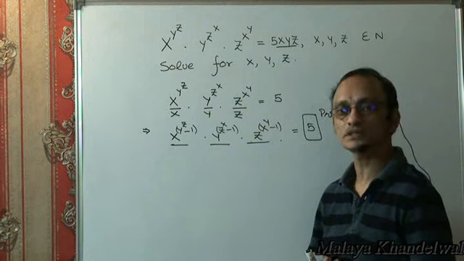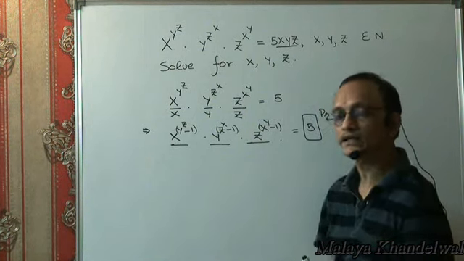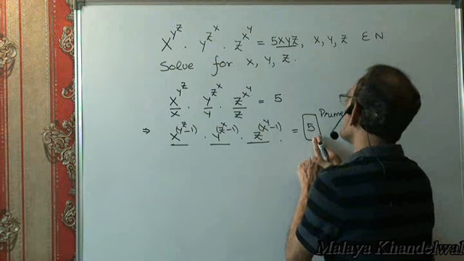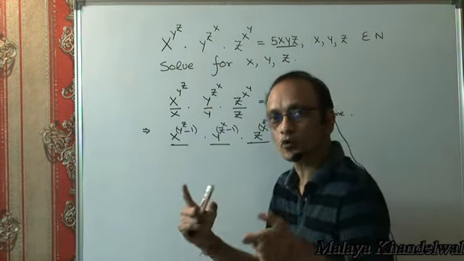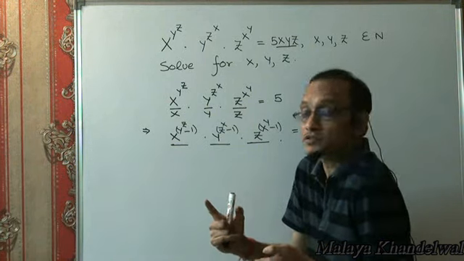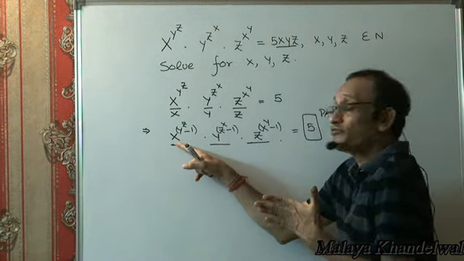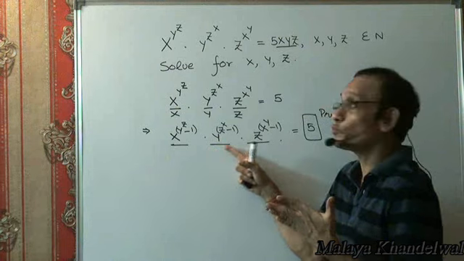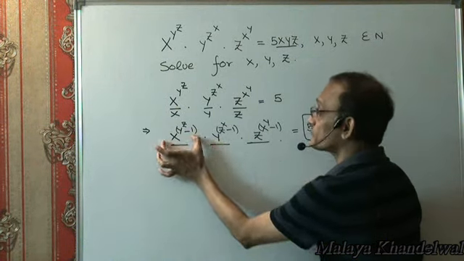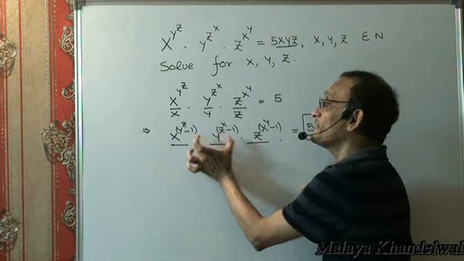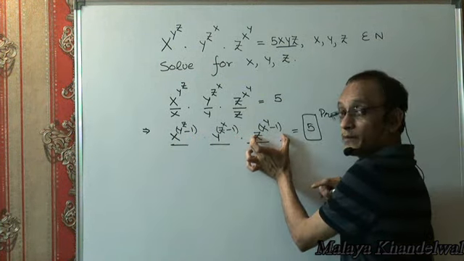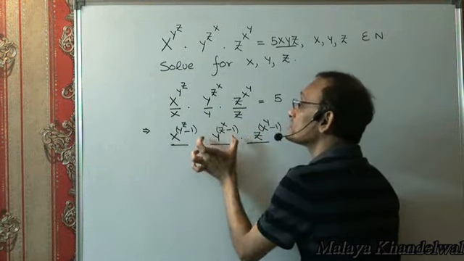What do you do with this? Very clearly, the only possibility is that 5, a prime number, could be fragmented into a product of 3 natural numbers if one of them is 5, one is 1, and one is 1. So either this is 5 and this is 1 and this is 1, or this could be 5 and this is 1 and this is 1, or this could be 5 and this is 1 and this is 1.